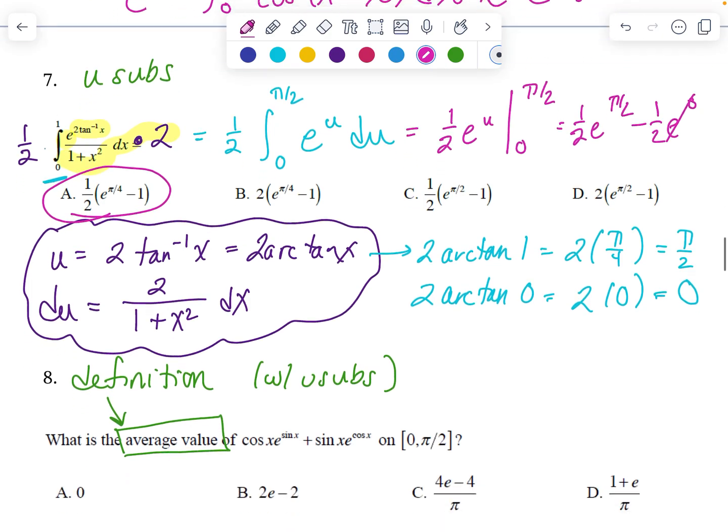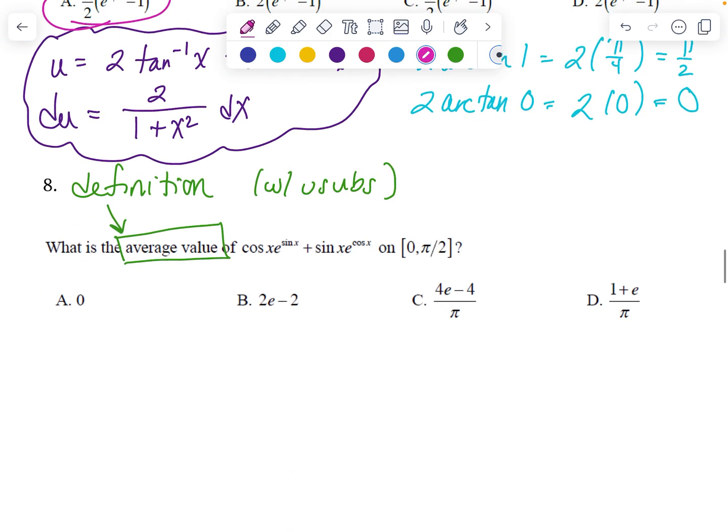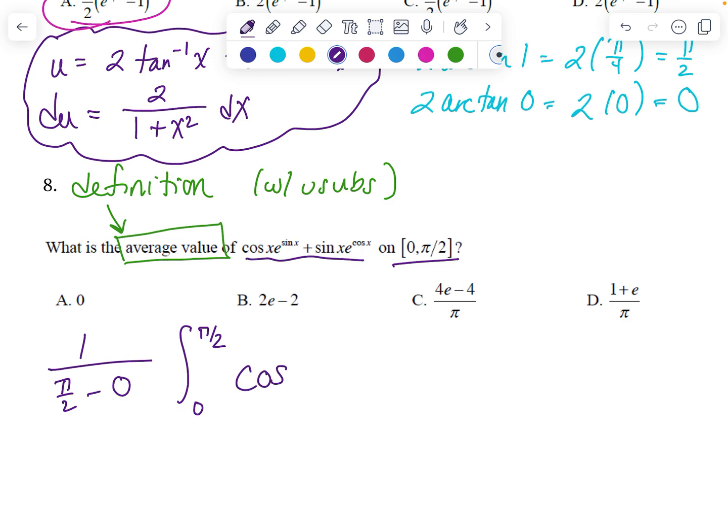Woo! All right. Number 8 comes down to knowing a definition. If I remember from the recording I made yesterday, I believe we had this definition in a problem in the last video too. So average value, 1 over b minus a, because that's my interval. And then integrate from a to b of my function. Ugh, what in the heck is this?